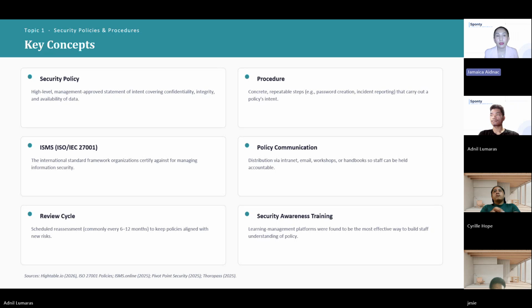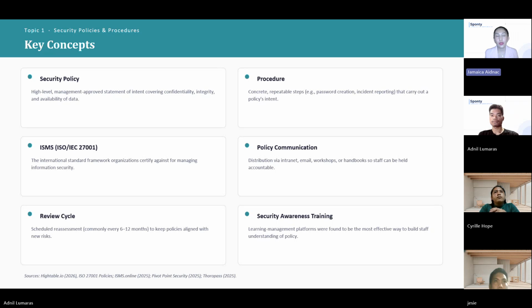Policies establish accountability: who must do what, and what happens if they don't, and provide a consistent baseline across departments, sites, and vendors. They serve as audit evidence for certifications such as ISO 27001, SOC 2, and PCI DSS.